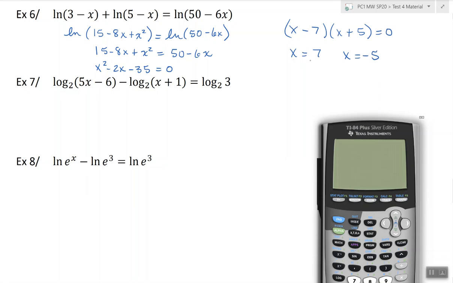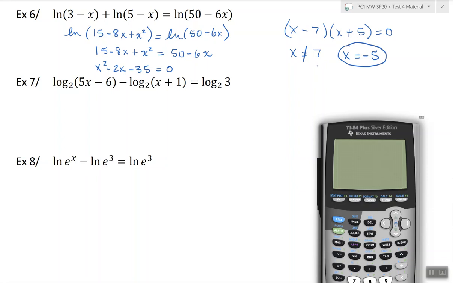For x equals 7, if I put a 7 in here, it makes this 3 minus 7, which is negative 4. I can't have a negative argument, so I have to throw that out. If I use a negative 5, then that makes this a 3 plus 5, which is positive. 5 minus negative 5 makes 10, and that's positive. 50 minus negative 30, that's positive, so that is fine.